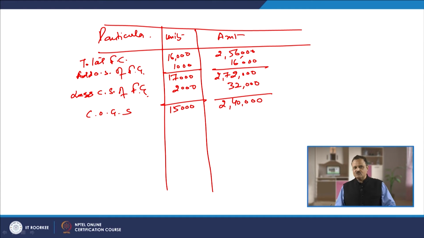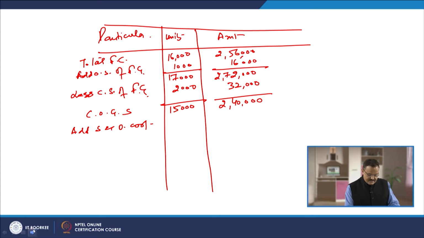How many units are we going to sell in the market now? 15,000 units. If 1 rupee is the selling and distribution cost, then for 15,000 units, how much? 15,000 rupees. So you write here selling and distribution cost.